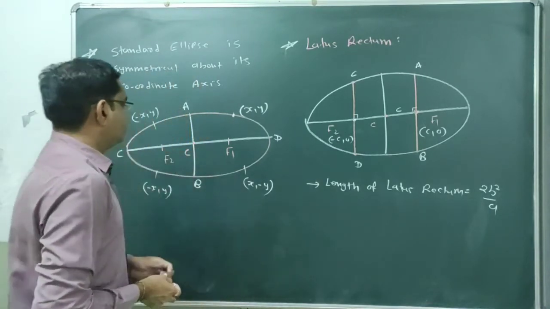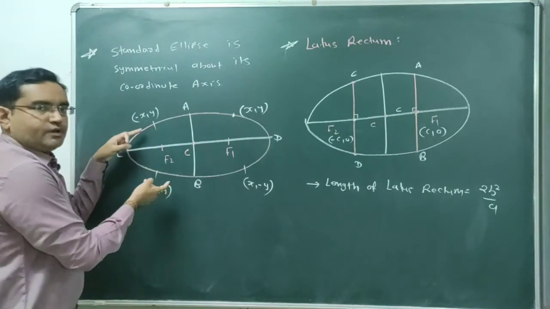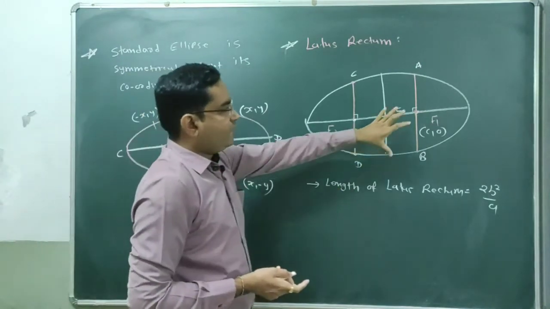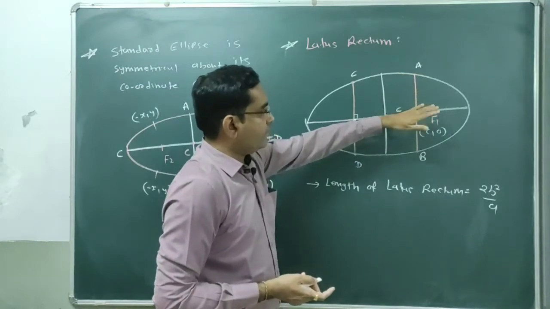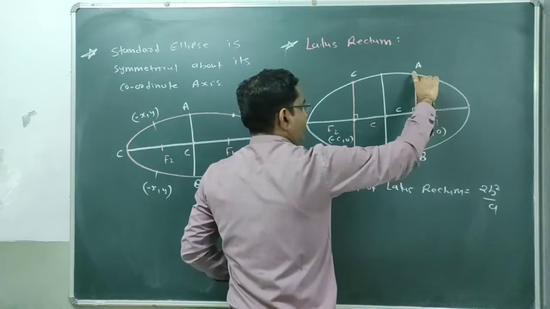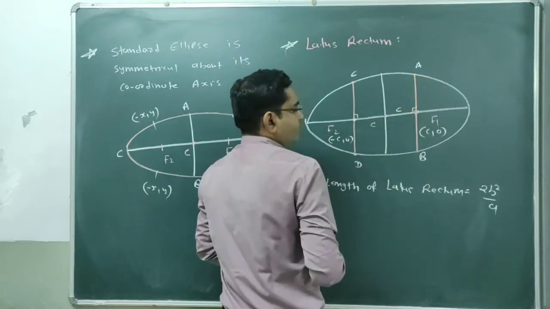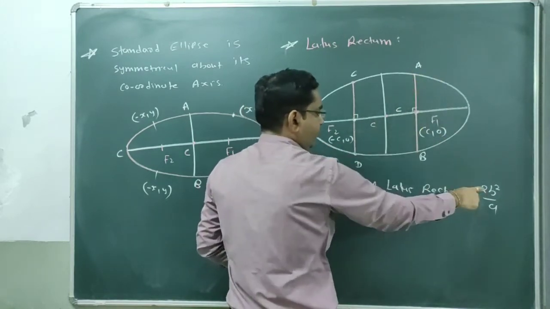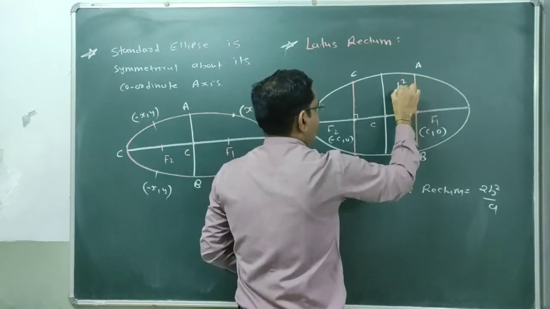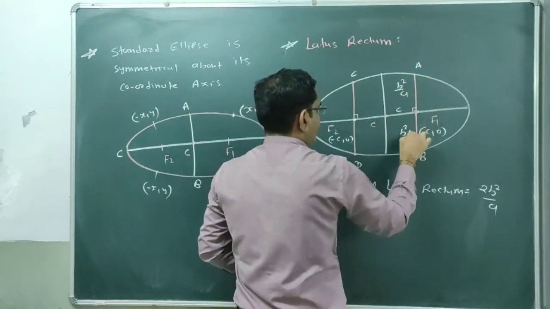What did we discuss here? This ellipse is symmetrical about its coordinate axis. So here, if we consider the symmetricity of this ellipse along with this x-axis, these both lengths are equal, and CA will be equal to CB, and the length of this latus rectum is 2b square by a. So this length AC is nothing but b square by a, and this length is also b square by a.